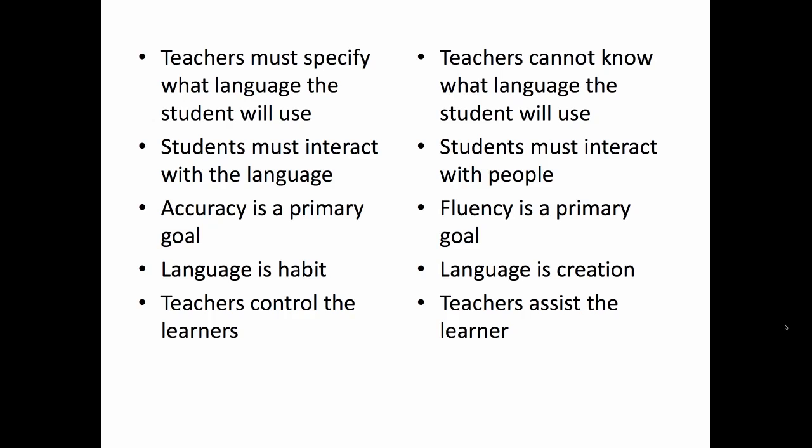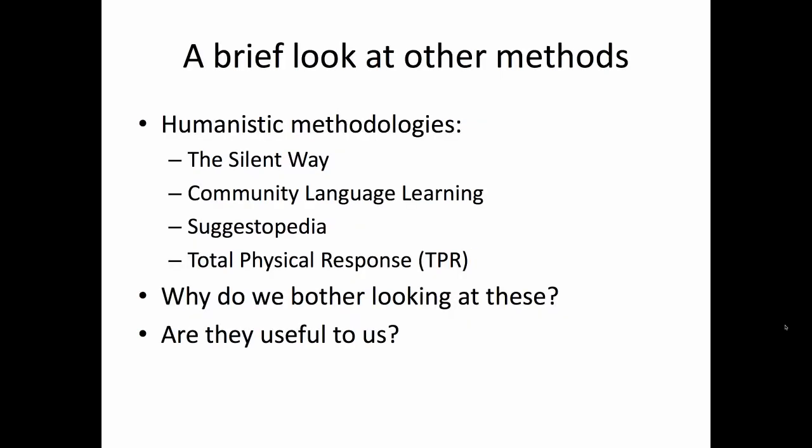Teachers control the learners. On the other hand, teachers assist the learner. Okay? These are important to think about as you look at these methods and as you look at different teaching methods. One very strictly controlled, teacher-centered. The other still teacher-involved, but teachers assisting, student-centered or learner-centered.